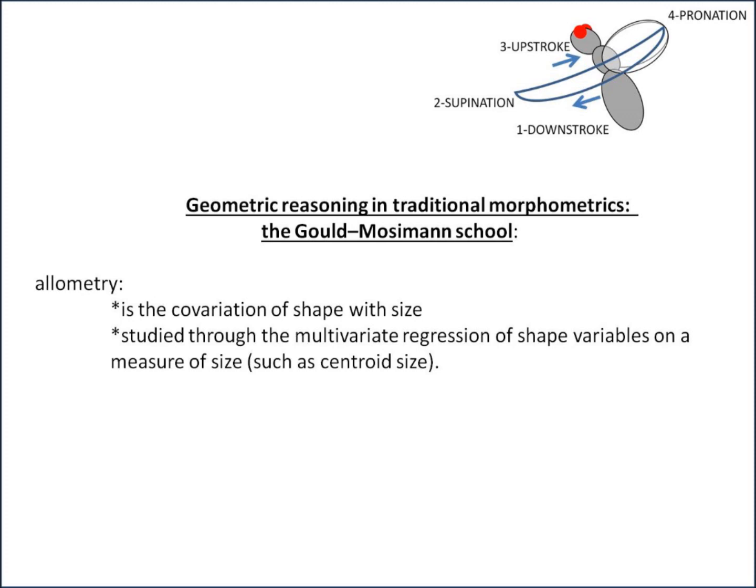So the Gould Mosimann school, the main concept is that allometry is the covariation of shape with size, and is studied through the multivariate regression of shape variables on a measure of size, such as centroid size. So there's a focus on covariation between size and shape, and it fundamentally separates size from shape.